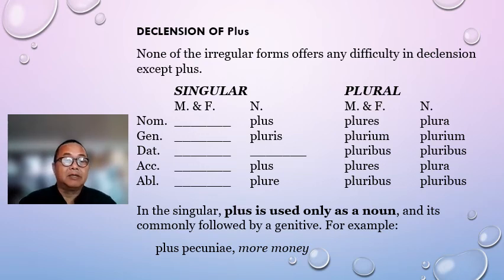We will learn that later on. So plus in the singular is used only as a noun. Do not forget this. And it is commonly followed by a genitive. So thus far our lesson for today.